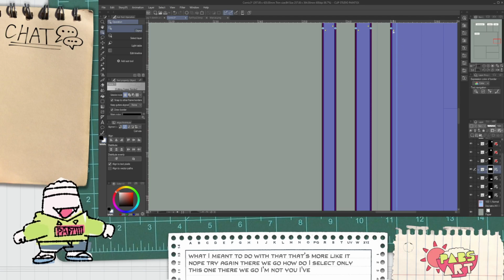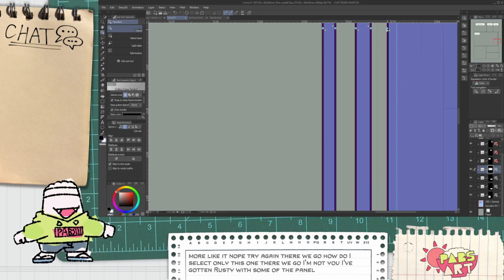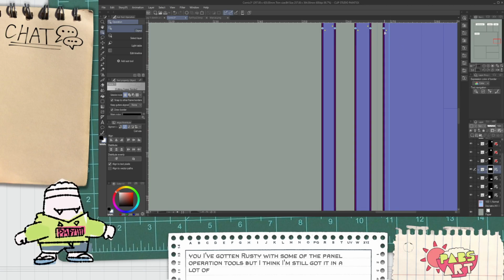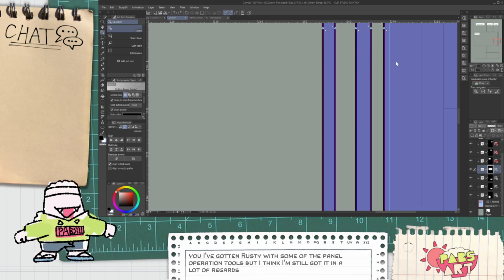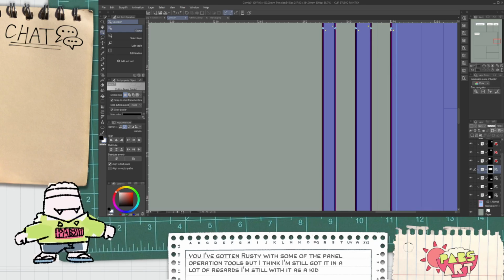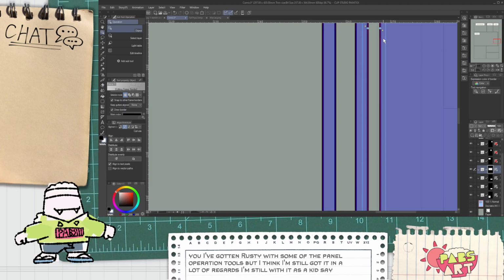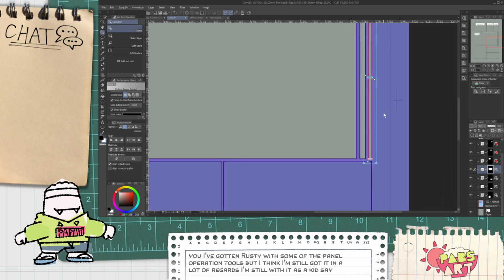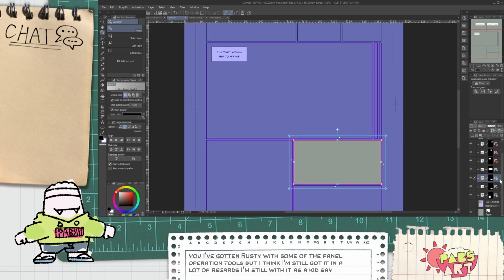I've gotten rusty with some of the panel operation tools, but I think I've still got it in a lot of regards. I'm still with it, as the kids say. There we go.